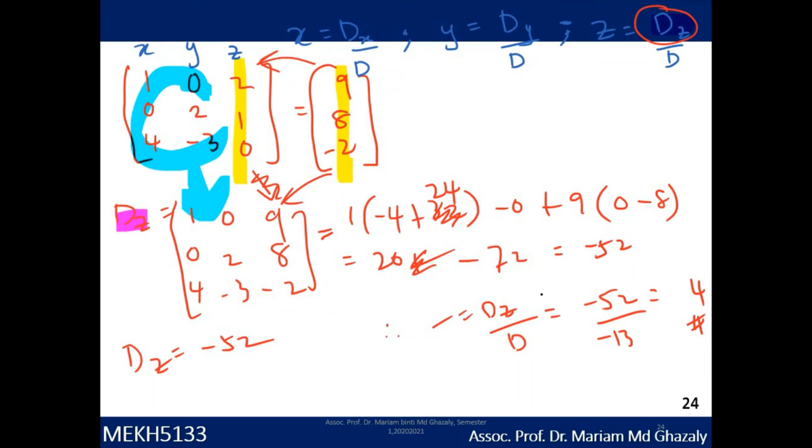After substituting all the values, you will get dz equivalent to minus 52. So z is equivalent to dz over d. Okay, so you will get 4, right?